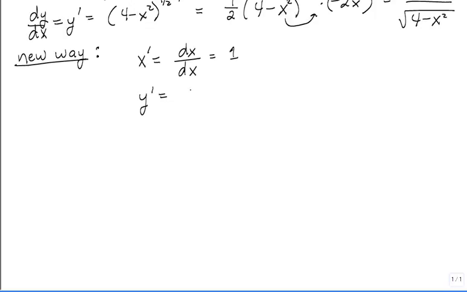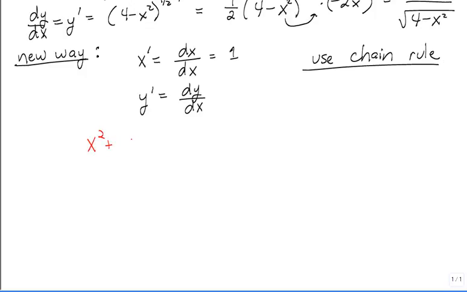When we take the derivative of y, we get dy dx. Okay, and we have to use the chain rule when we take derivatives here, along with the product rule and quotient rule sometimes. Okay, so we start out with x squared plus y squared equals 4, but now we're not going to solve for y or x, we're just going to take it as it is.